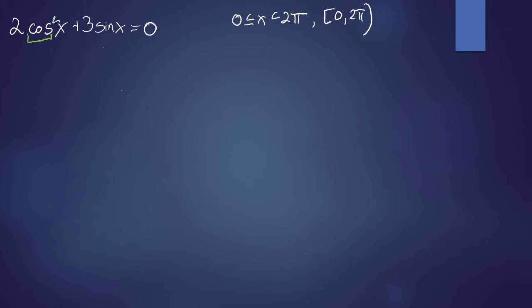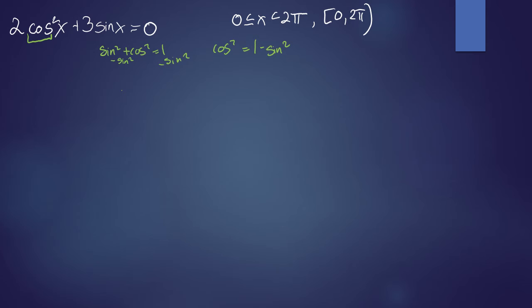And if we take the Pythagorean identity, sine squared plus cosine squared equals 1, we can solve for cosine squared and put that in. So let's subtract sine squared from each side, and we get that cosine squared equals 1 minus sine squared.